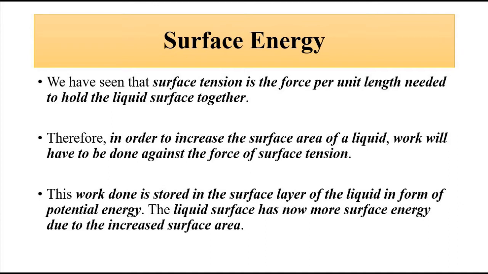So let us try to understand what surface energy is. If you try to understand it in a simple definition form, surface energy is the work done against the force of surface tension to increase the surface area of the liquid surface, the top surface.